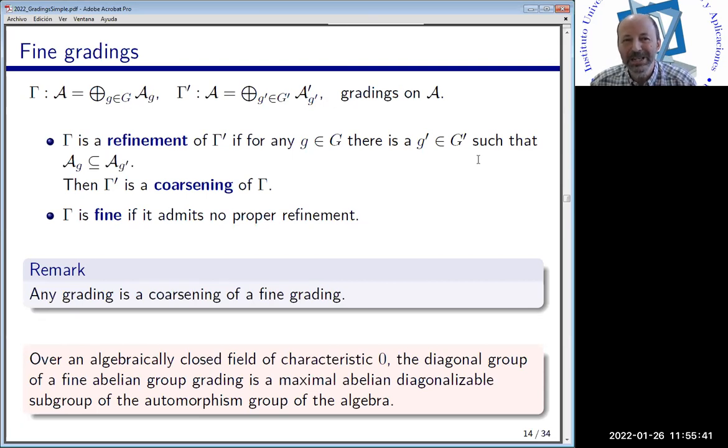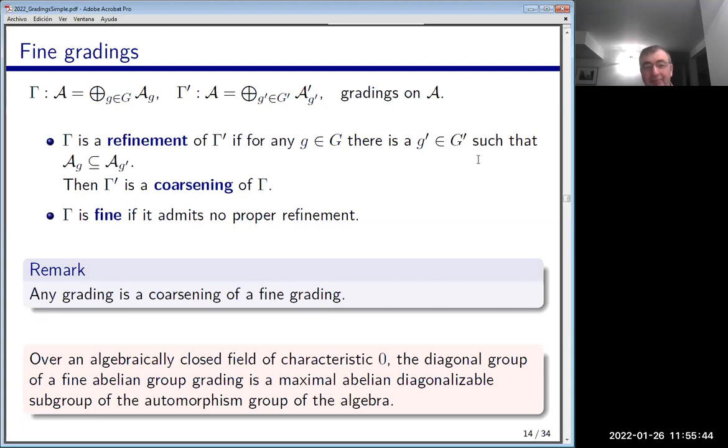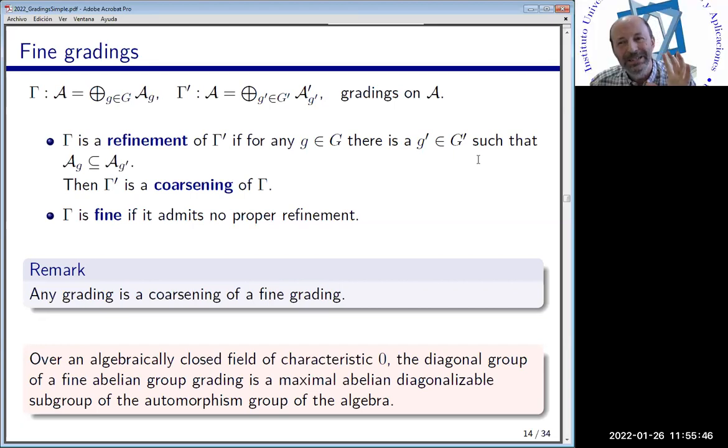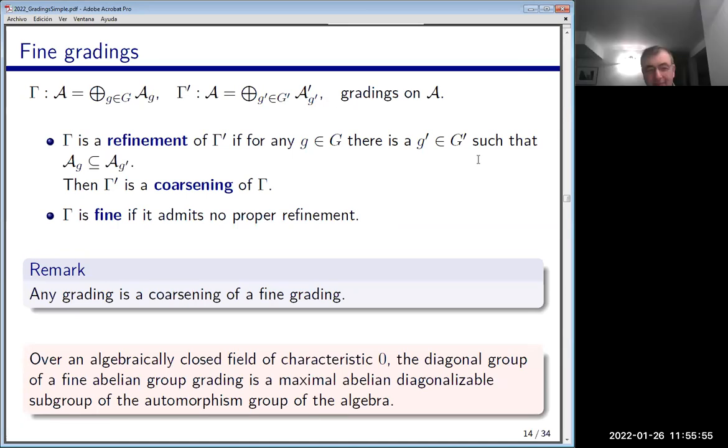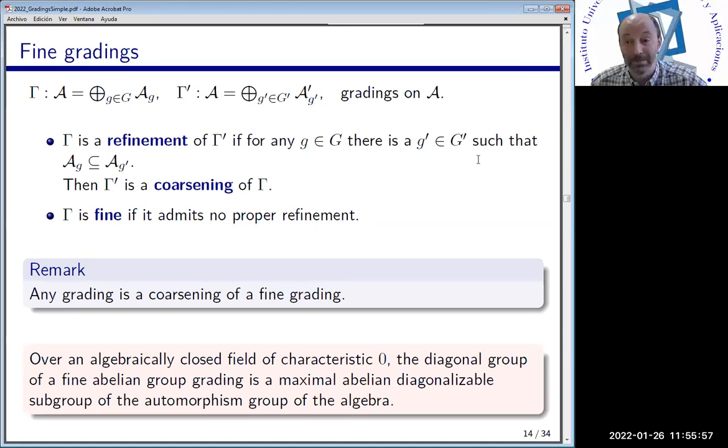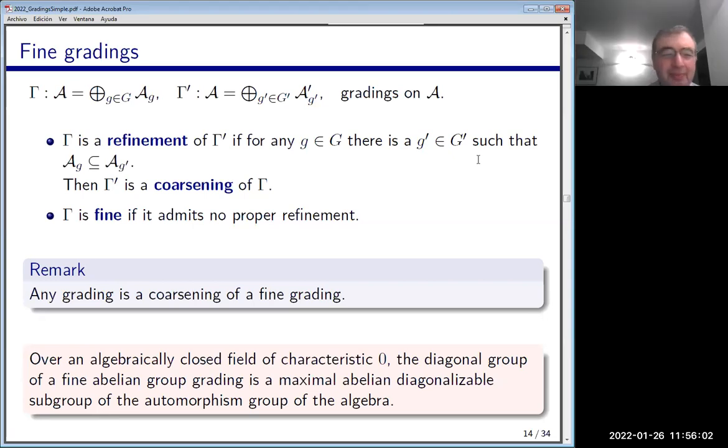In principle, this map that takes G to G prime doesn't need to be a group homomorphism unless G and G prime are the universal grading groups. I see. So, for example, the identity map, if you use different groups, may be a refinement, but it may not be a homomorphism. Yes.